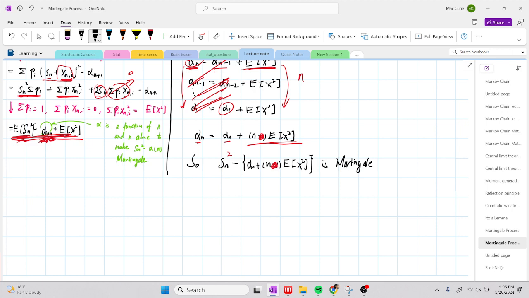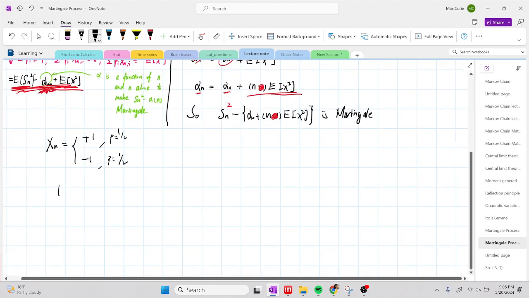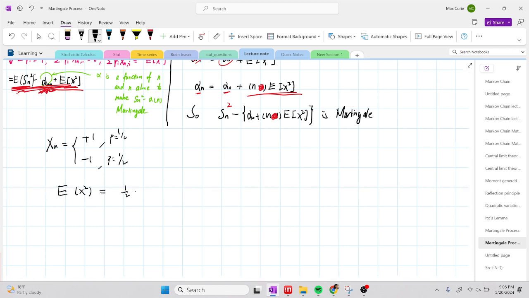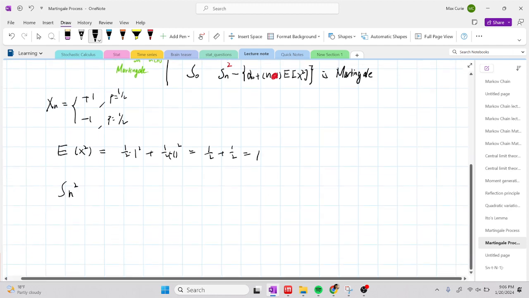In a special case, for instance, you have xn equals plus 1 or minus 1, with half probability each. We will essentially have the expectation value of x squared equals half times 1 squared plus half times minus 1 squared, which is essentially half plus half equals 1. So we have Sn squared minus n is a Martingale.